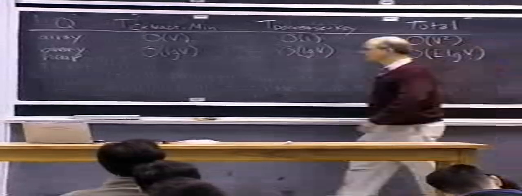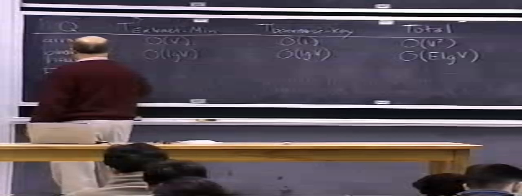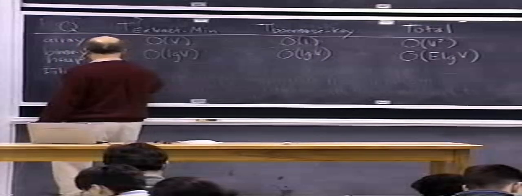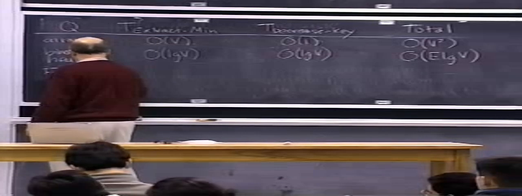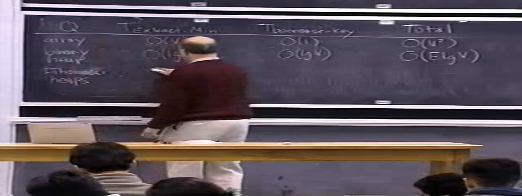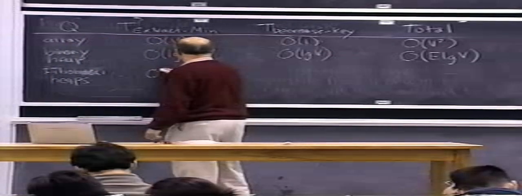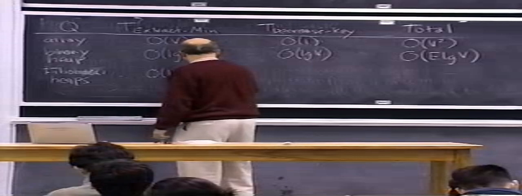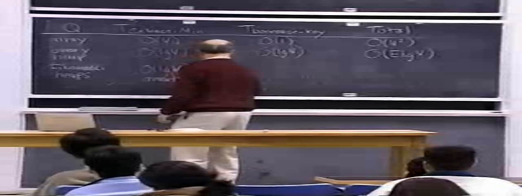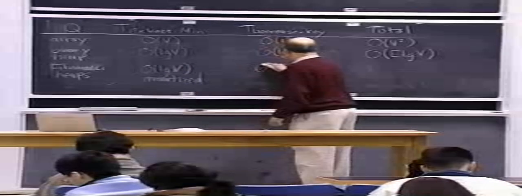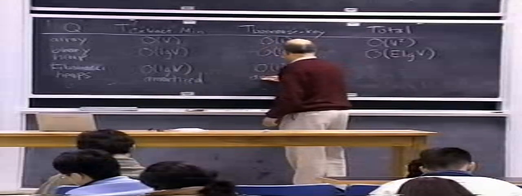Okay, now there's a data structure that's described in the book that we'll talk about some more, but we're not going to actually study how it works, called Fibonacci heaps. Okay, and they have the nice property that extract min is order log V time, but amortized time. And decrease key is order 1 amortized.